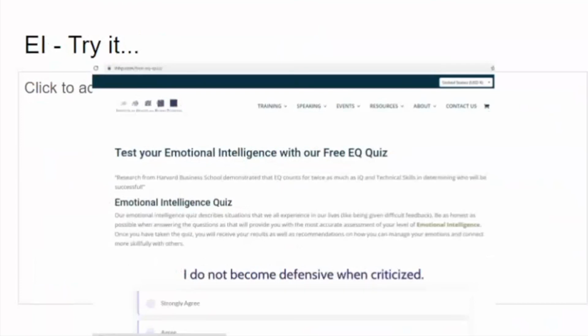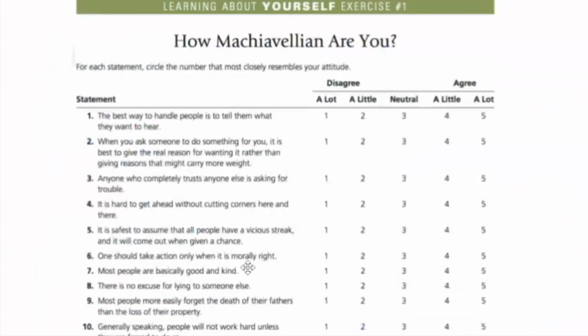So I've got this little quiz here as well on the EQ, sometimes called the emotional quotient quiz. We're going to look at that next week. That's one of the ones that I want us to take a look at. Next week too, we're also going to be looking at this, how Machiavellian are you?